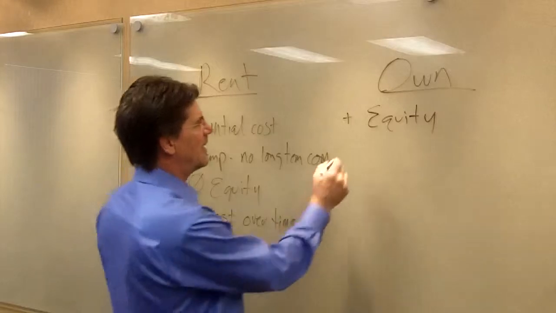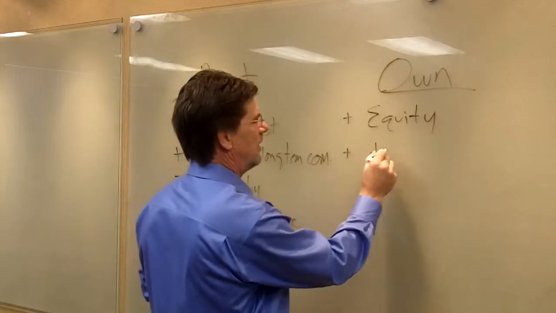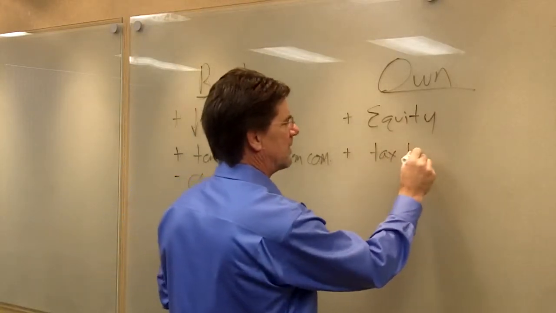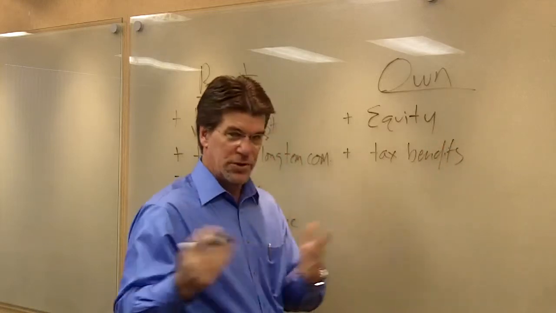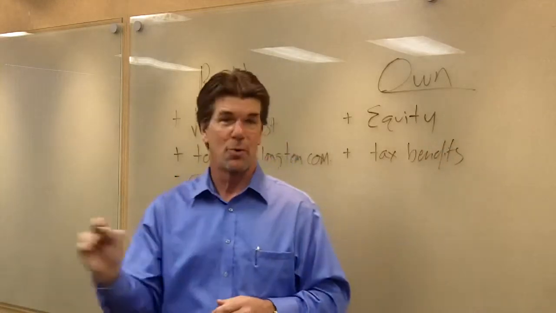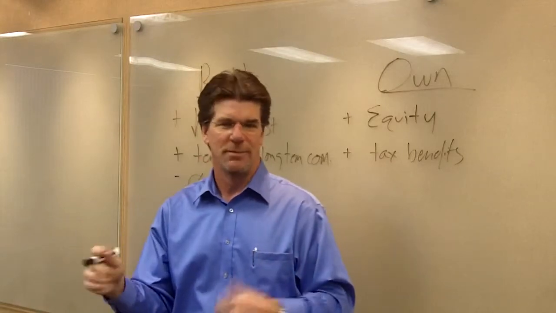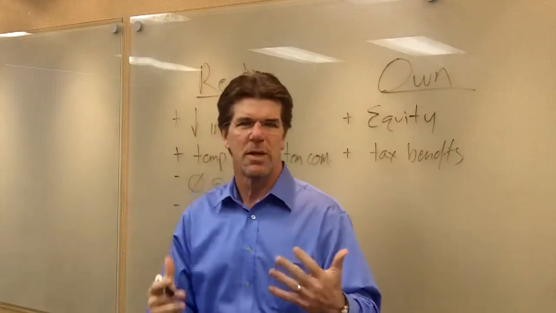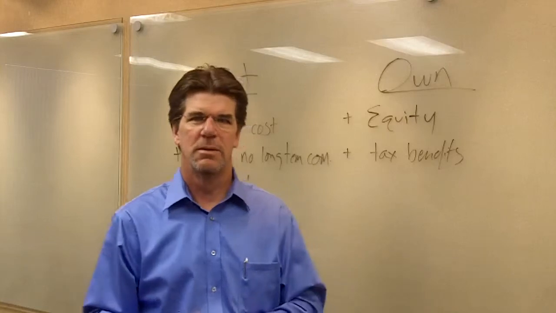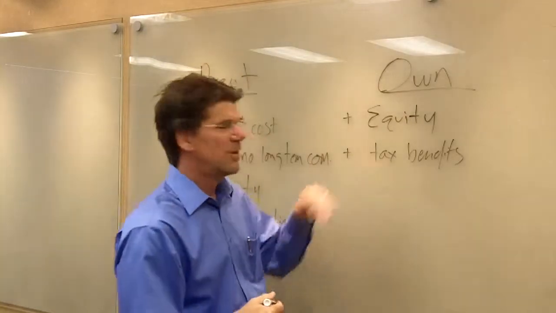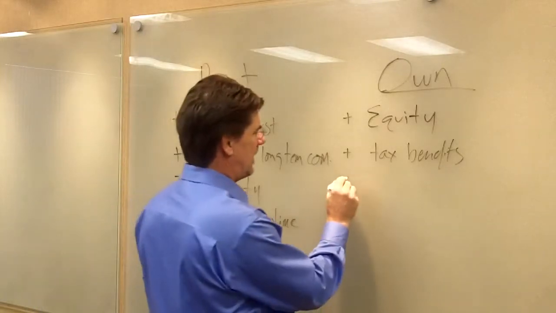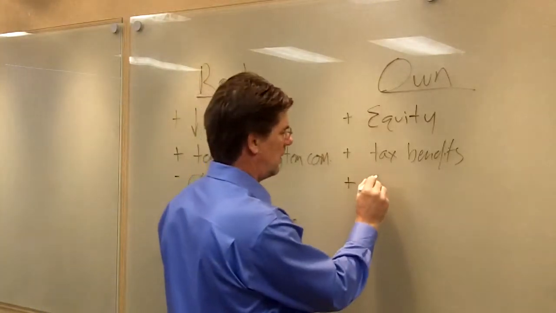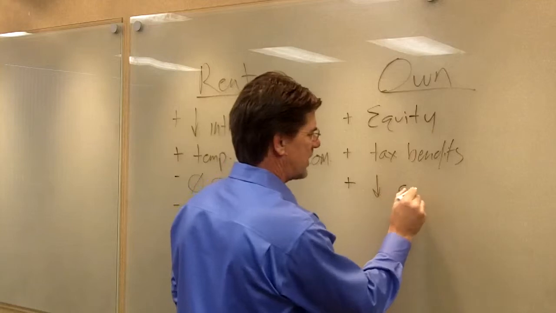All right? Another positive are tax benefits. So when you purchase that home, if you're not able to stroke the check for the full purchase price, you get a mortgage, and the interest on that mortgage, of course, is deductible on your taxes. So you have tax benefits as well. The other benefit is over time, decreased cost.